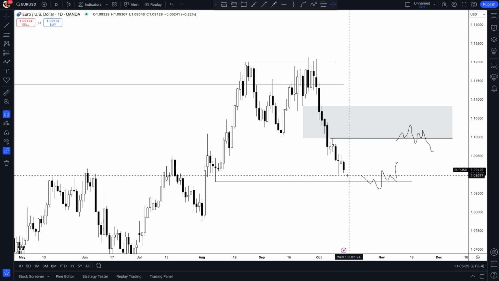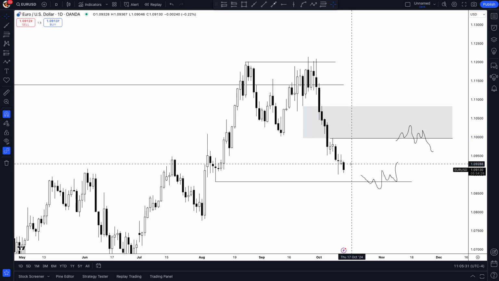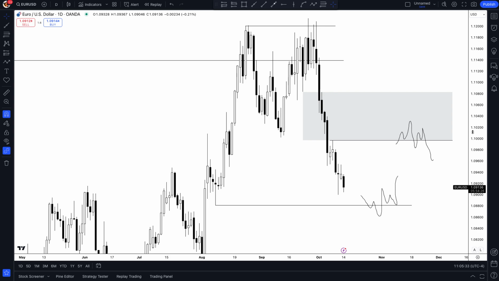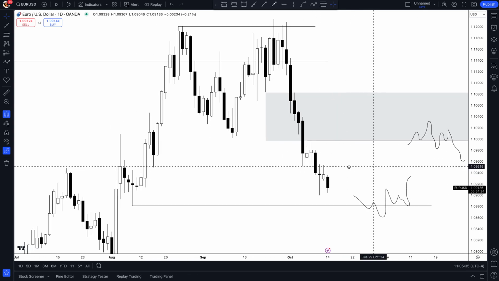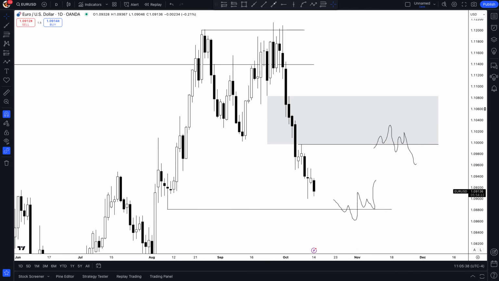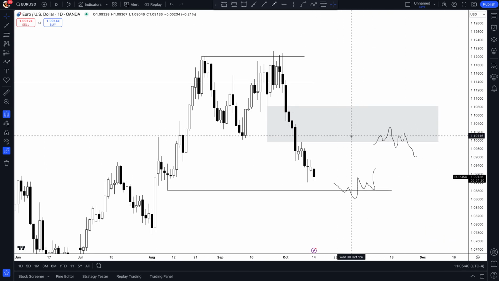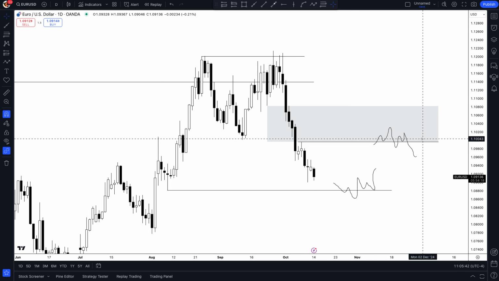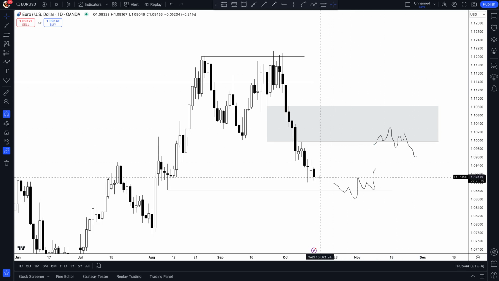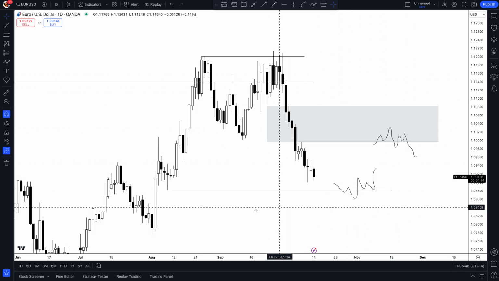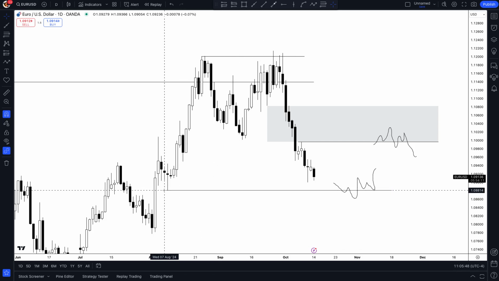So as long as price is trading in between it, I'm not looking to open any positions unless there's a clear, clean setup that forms on a lower time frame. But for right now, it looks like the draw on liquidity is going to be closer to the sell side.